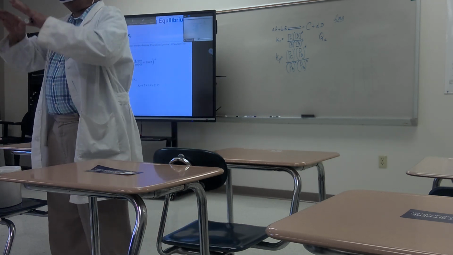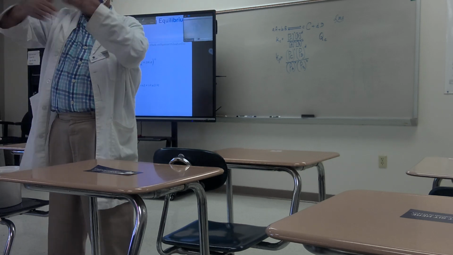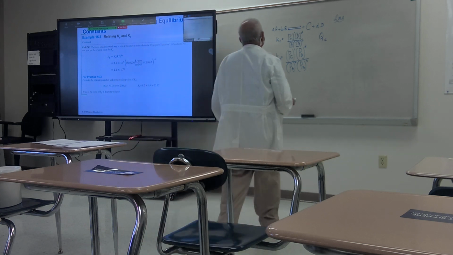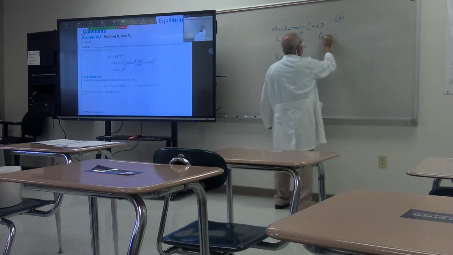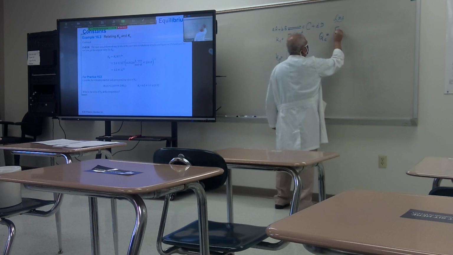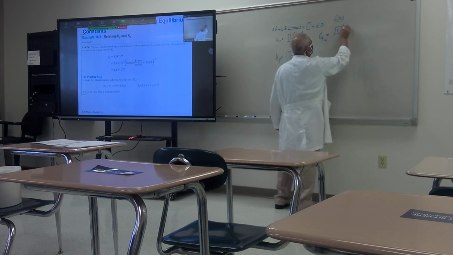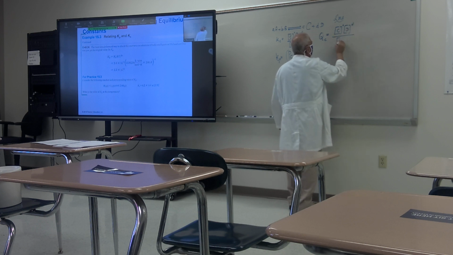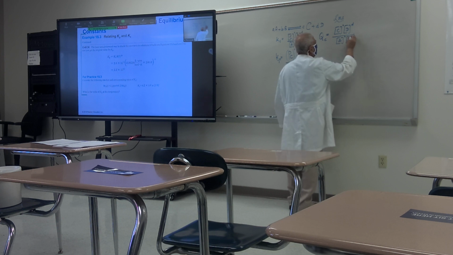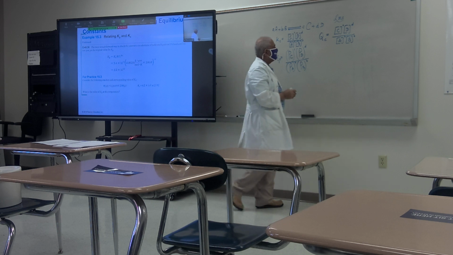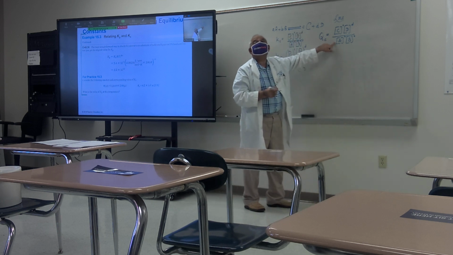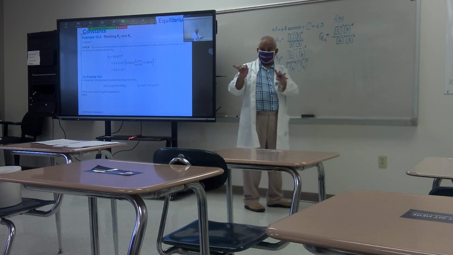Kc is what? Once the reaction is at equilibrium, two-way, going back and forth at the same speed. But before reaching the equilibrium, if you apply the law of mass action, this is how you are going to write the molar concentration of C to the power of c, D to the power of d, and Qc is similar to Kc. This is Qc before equilibrium, Kc after equilibrium. You understand?